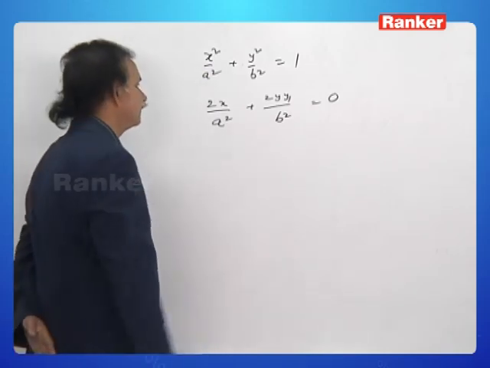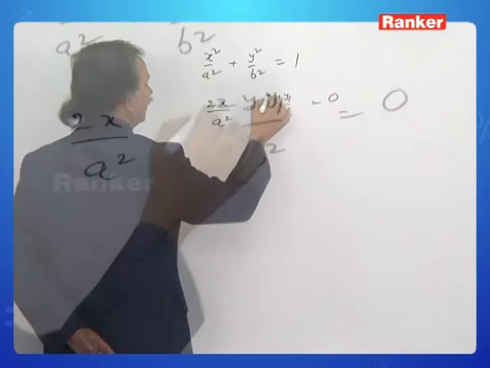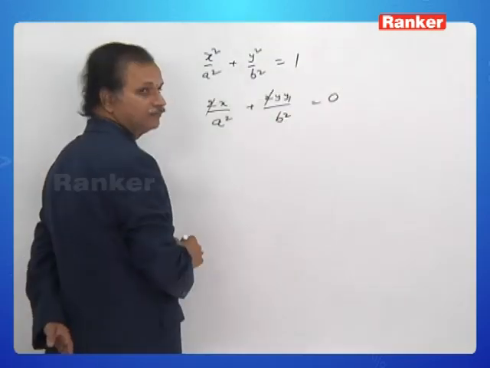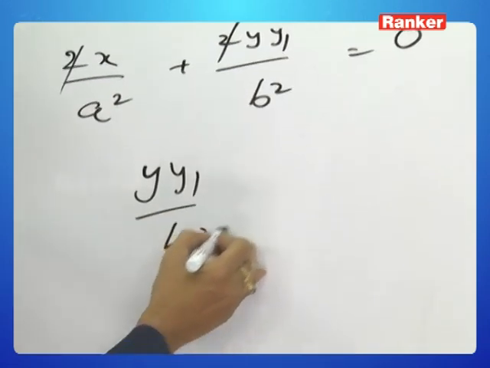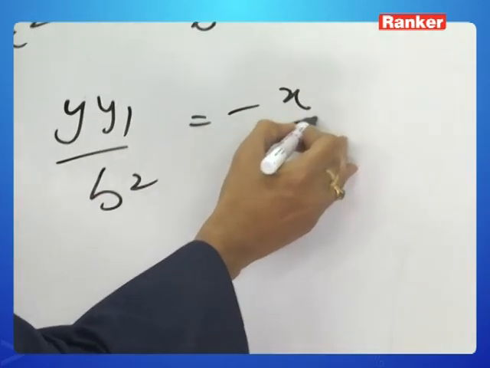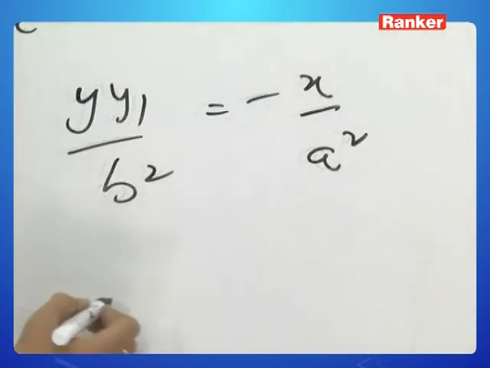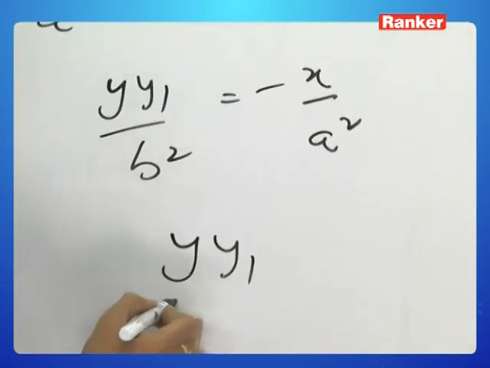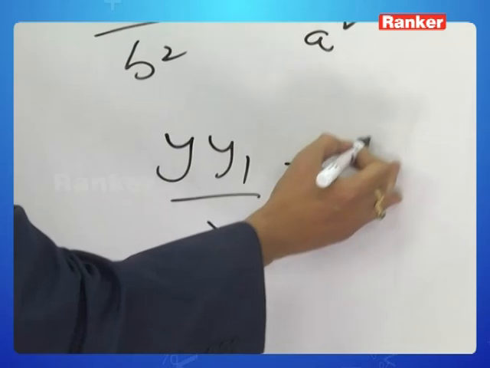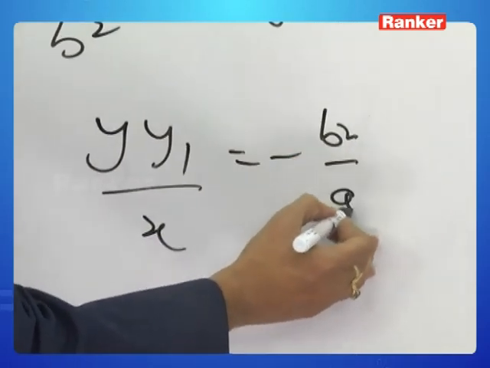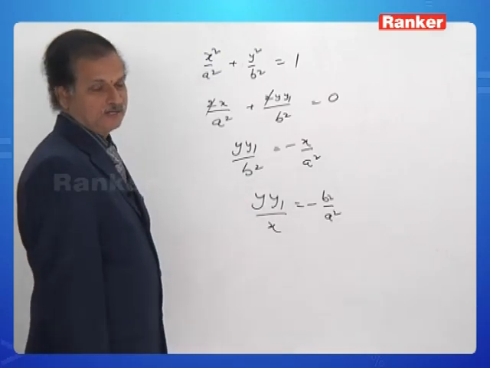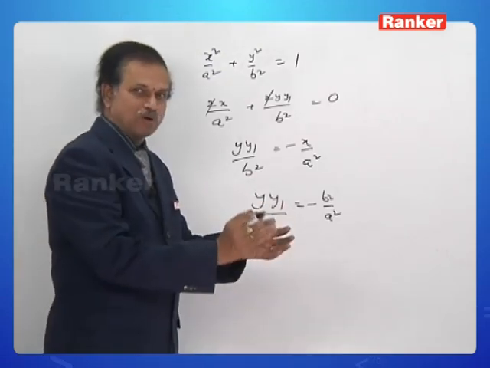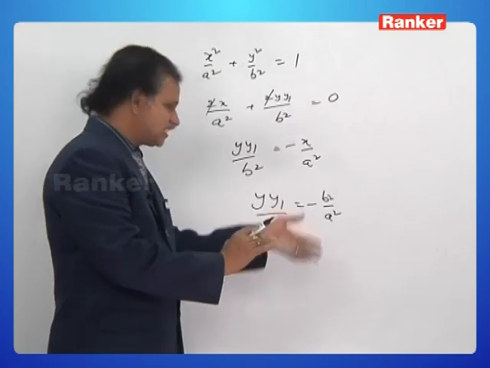Okay. So 2 can be cancelled. From this, y1 by b square is equal to minus x by a square. Therefore, y1 by x is equal to minus b square by a square. Now you differentiate this with respect to x, because I could have brought both the two constants to one side.